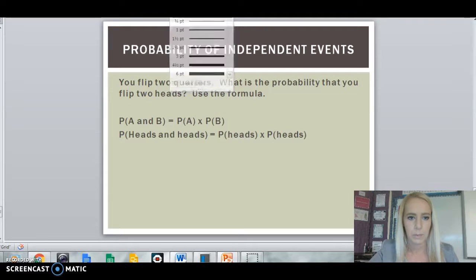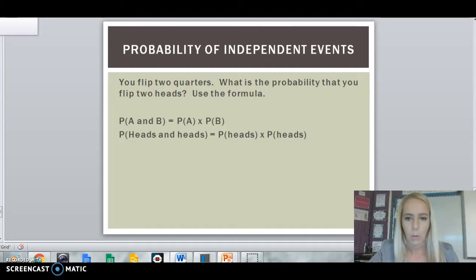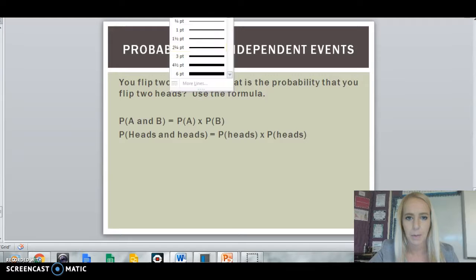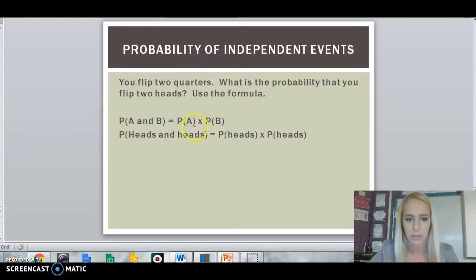Say you flip two quarters. What is the probability that you flip two heads? Let's look at the probability of each occurrence first. The probability of flipping a heads is 1 out of 2, because there's one heads and there's two sides on a quarter.